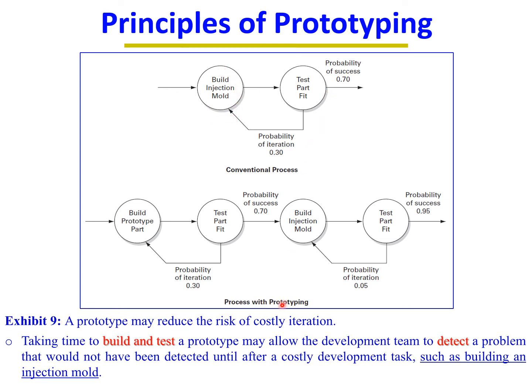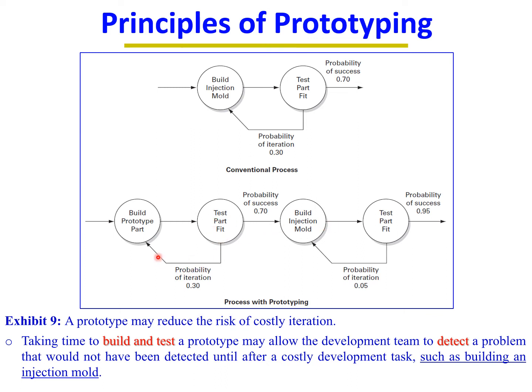But with prototyping, build prototype part, test the part fit, and then build the injection mold, actual injection. So now if it does not fit, which there was 30%, then you are changing only the prototype, and based on the prototype you will build the actual injection mold, isn't it? If this does not happen, you will go there.